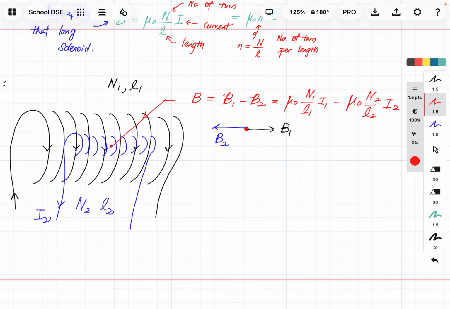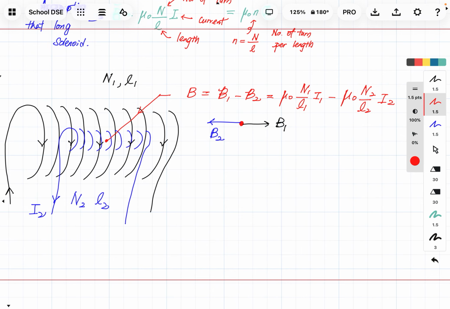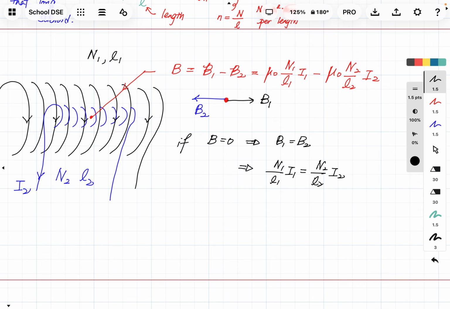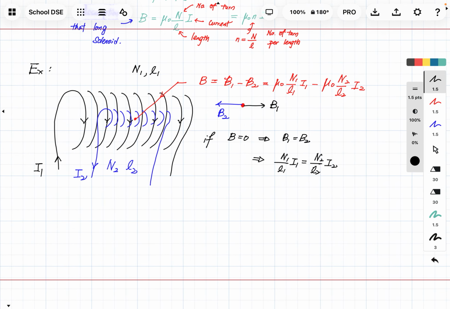But what would be the expression for the magnetic flux linkage? It's N B A. Which N? For the solenoid inside, the small solenoid. Yeah, the magnetic flux linkage of the small solenoid inside the big solenoid.